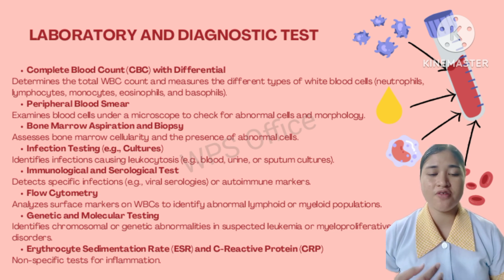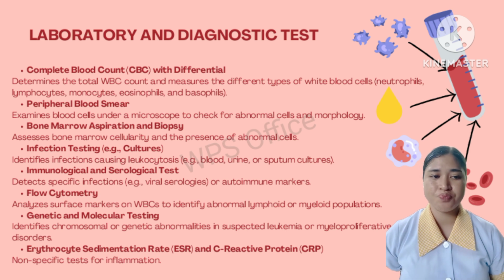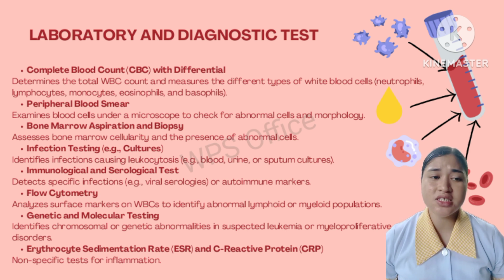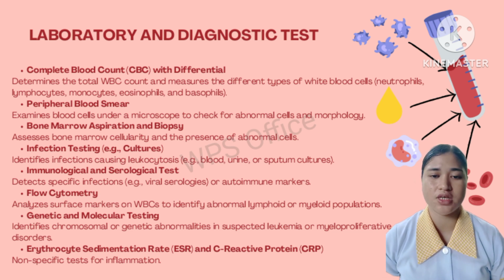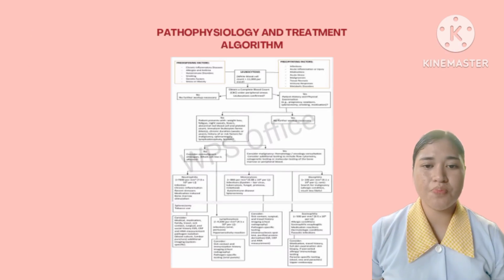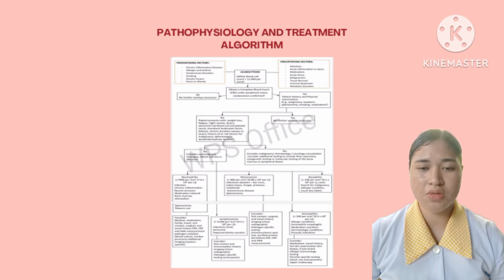Non-specific tests for inflammation. Elevated levels indicate an inflammatory process that may correlate with leukocytosis. So, these 8 laboratory and diagnostic tests help pinpoint the cause of leukocytosis, aiding in diagnosing and managing underlying conditions effectively. Okay, so let's move on to the pathophysiology and treatment algorithm of leukocytosis.